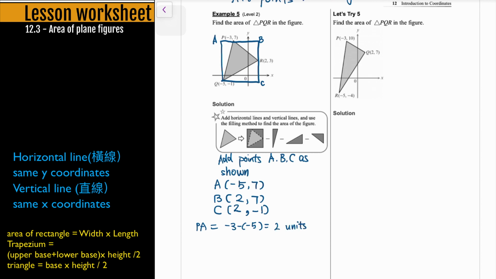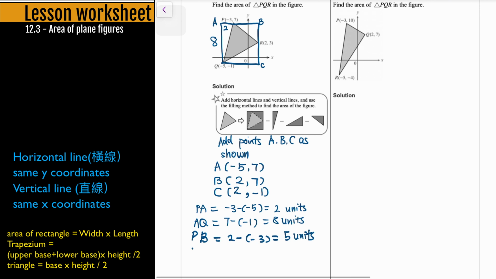Then AQ equals 7 minus -1, which is 8 units. The next one, BP equals 2 minus -3, which is 5 units.